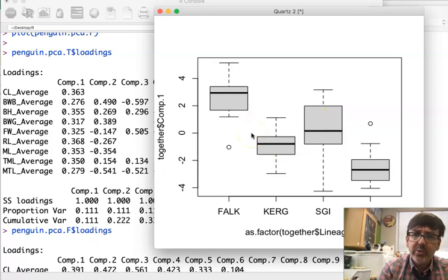But in order to determine whether that was statistically significant or not, I would need to go ahead and do the standard things which we would do when we're dealing with two or more groups: looking at normality of each group, the equality of the variance, and then determining which one of the various parametric and non-parametric tests that we have at our disposal we could use to answer these questions.